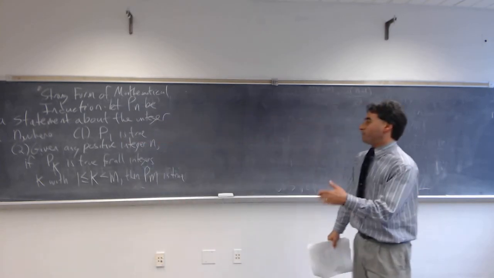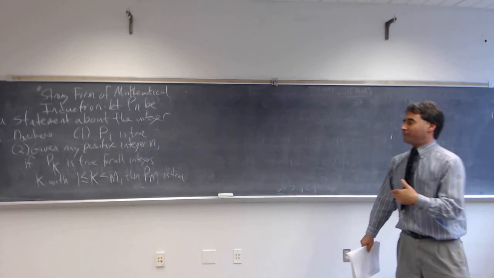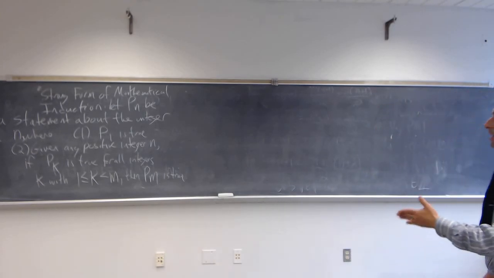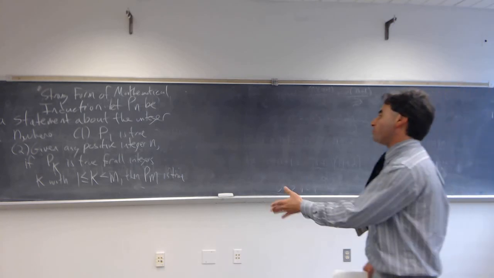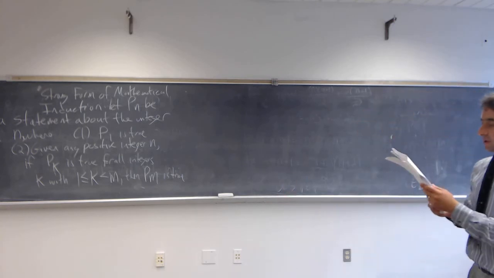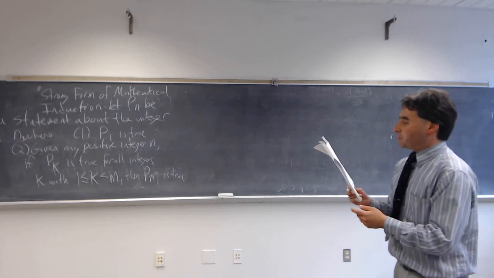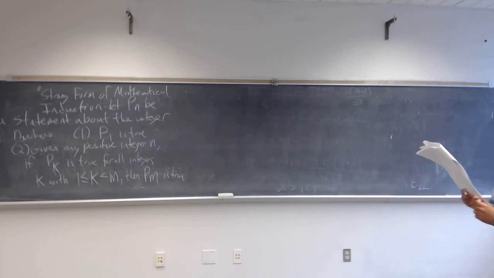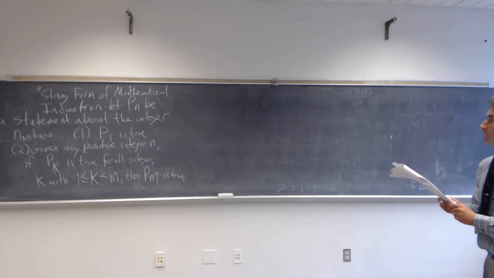So again, rather than maybe in this time doing it for k less than or equal to m and showing that Pm plus 1 is true, the way I've worded it in the notes is let it be true for all integers less than or equal to m.